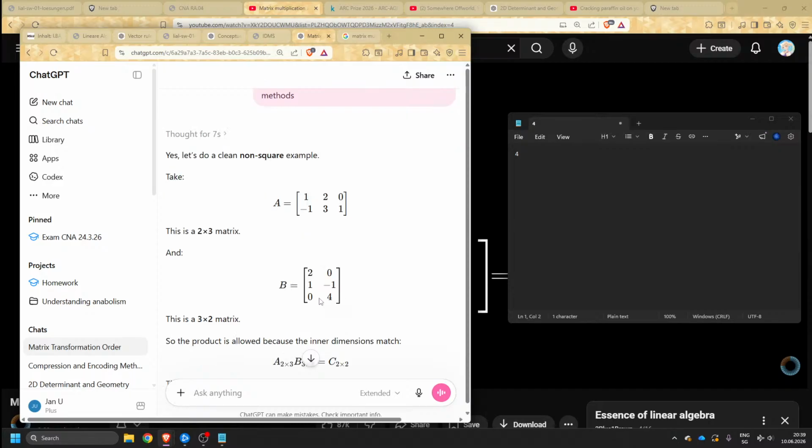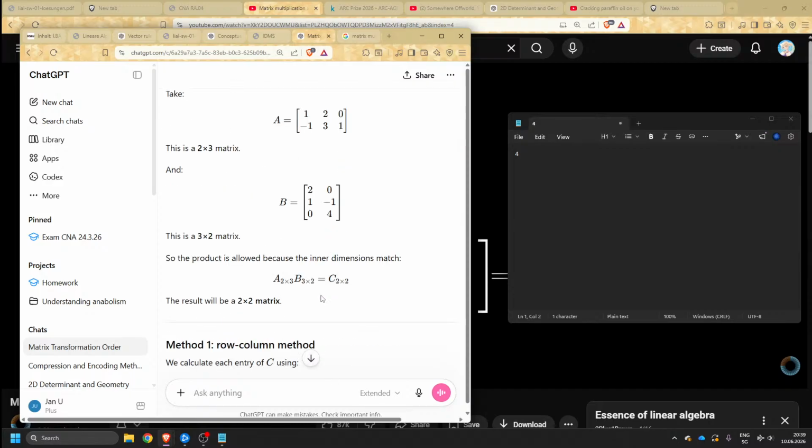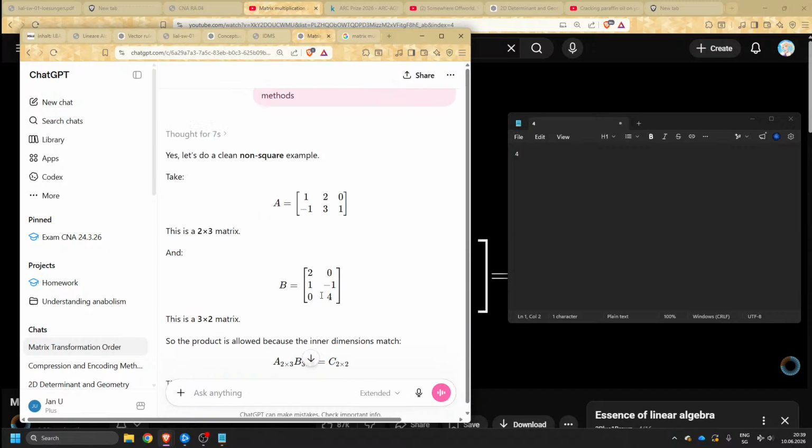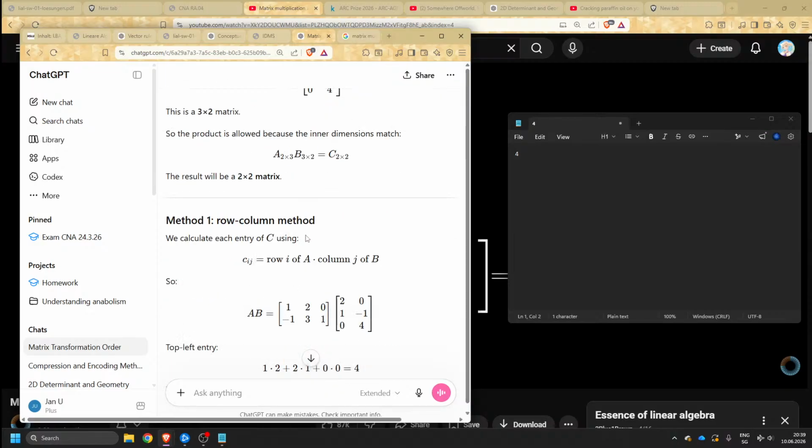Then I have... Where is it? Oh yeah, here. That's the notation I like more. Wait, another problem.